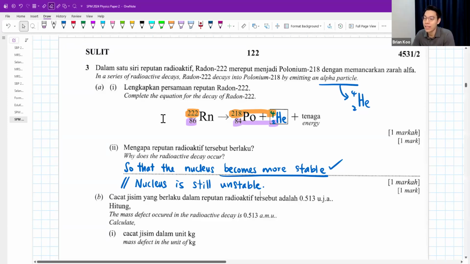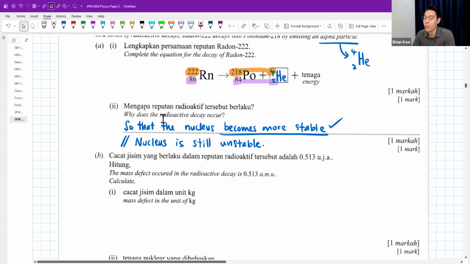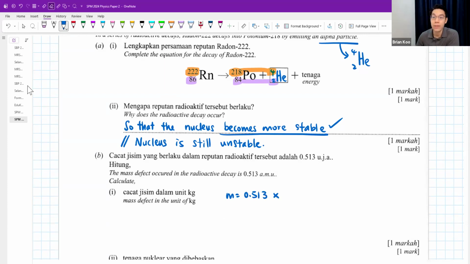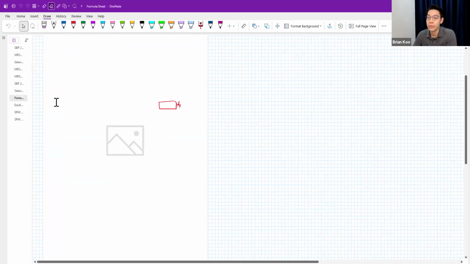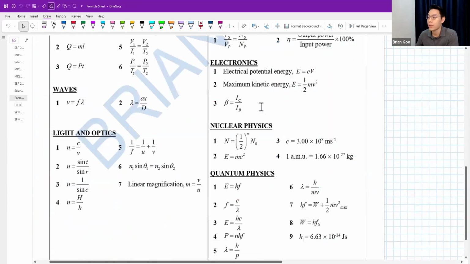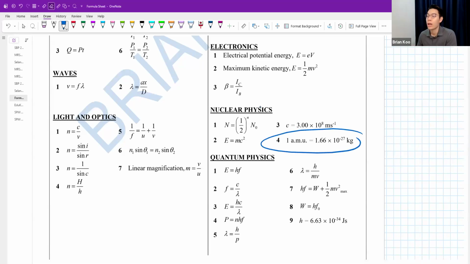But B, the mass defect occurred in the radioactive decay is 0.513 AMU. Calculate the mass defect in the unit of kg. Okay, the mass defect in the unit of kg would be 0.513 times, okay, let's go to the formula sheet to find the conversion, that would be 1.66 times 10 to the power of negative 27 kg.